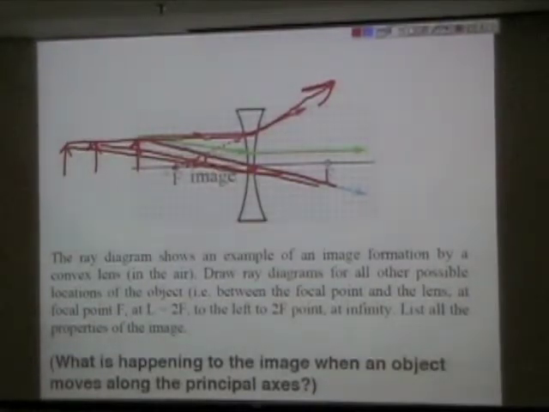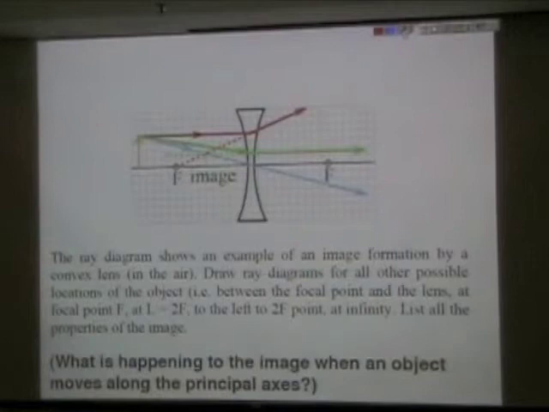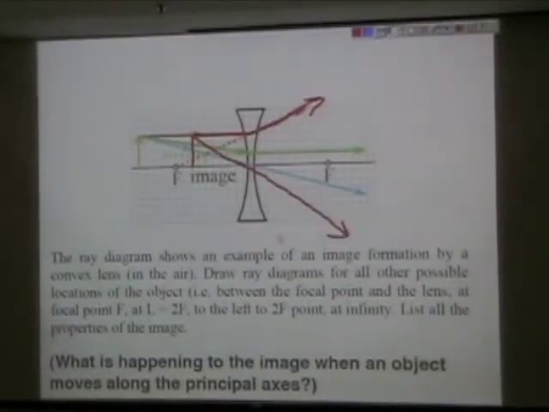And we can see in this situation the image is upright and it's virtual, because we have to use an extension of a ray. And even if we place an object here, what's going to happen? This ray doesn't change. The ray travels through the center of the lens, doesn't bend.